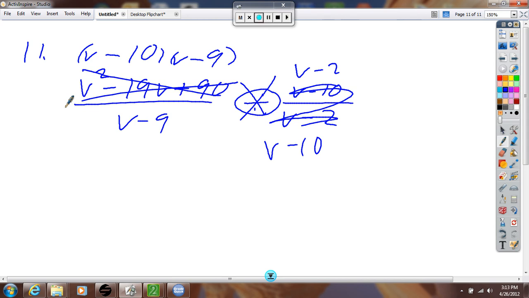How do I get a positive 90? By two negatives or two positives. They have to be the same. They cannot be different. This one always goes here. If this one was a plus, I put a plus here.